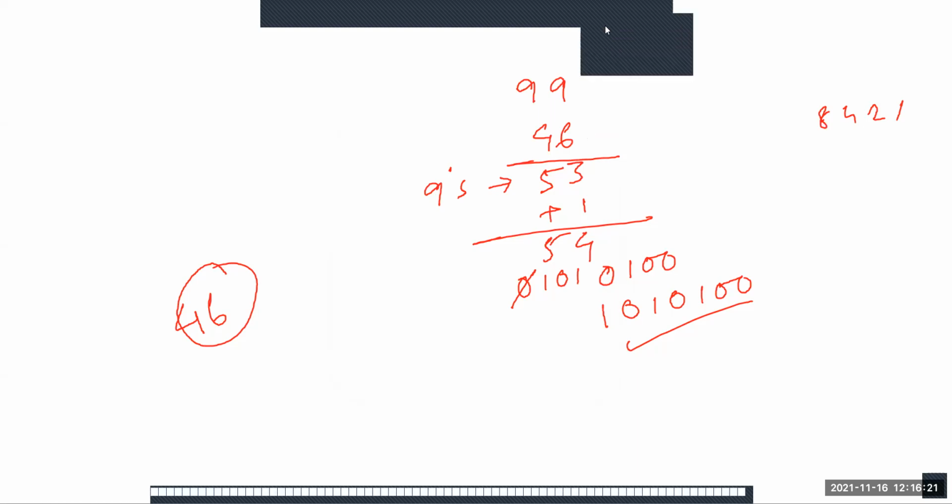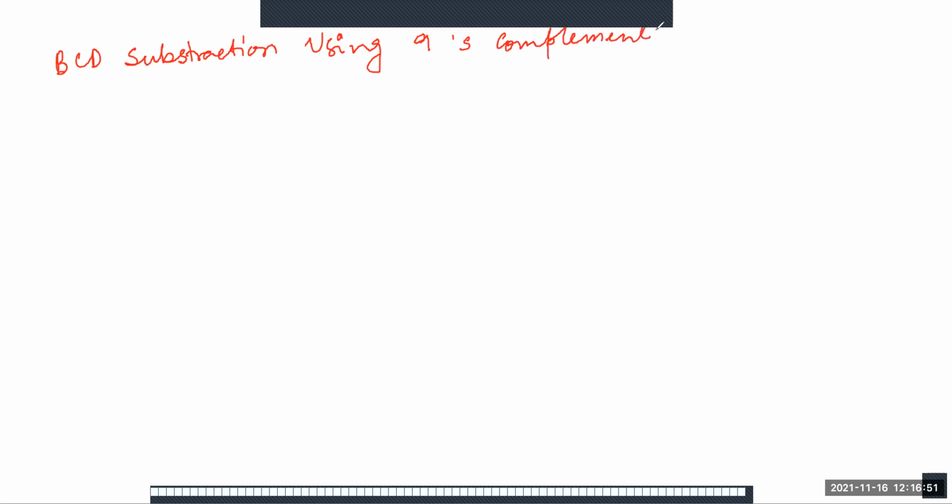I am erasing these things. BCD subtraction using 9's complement.